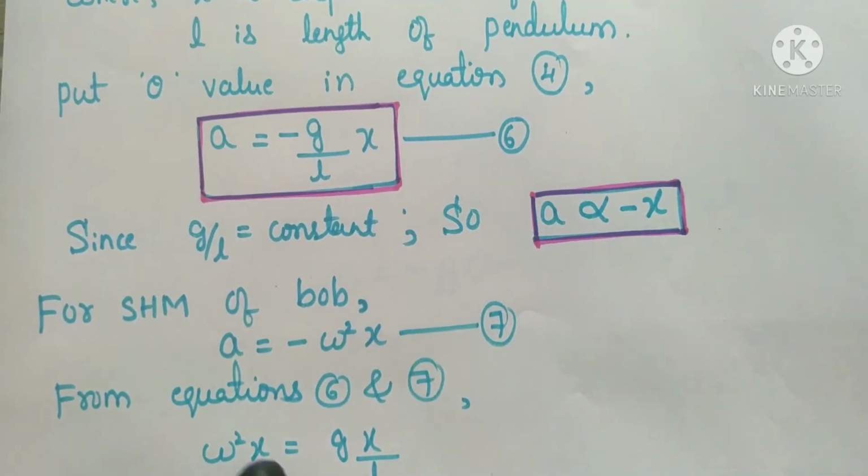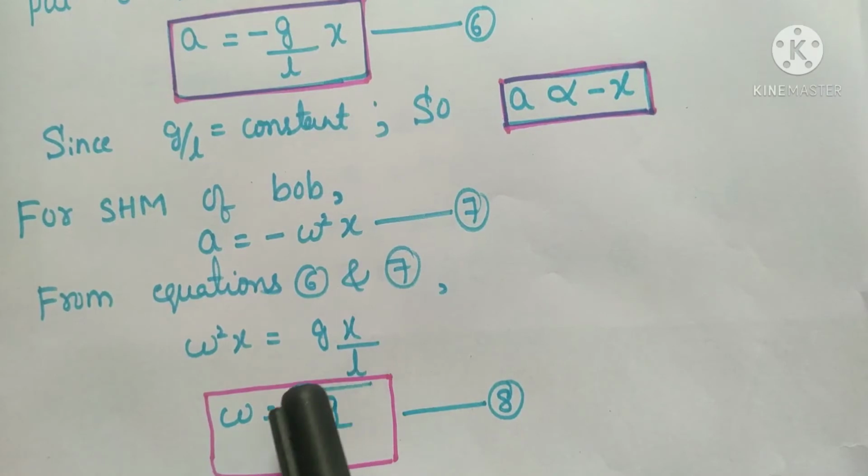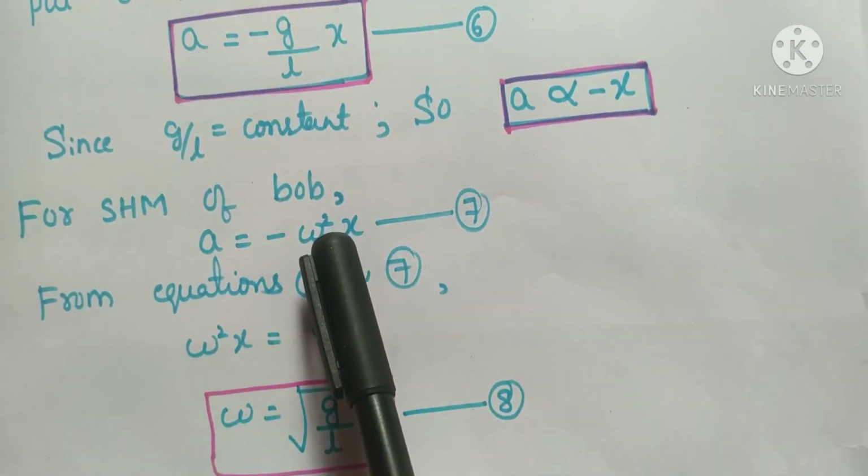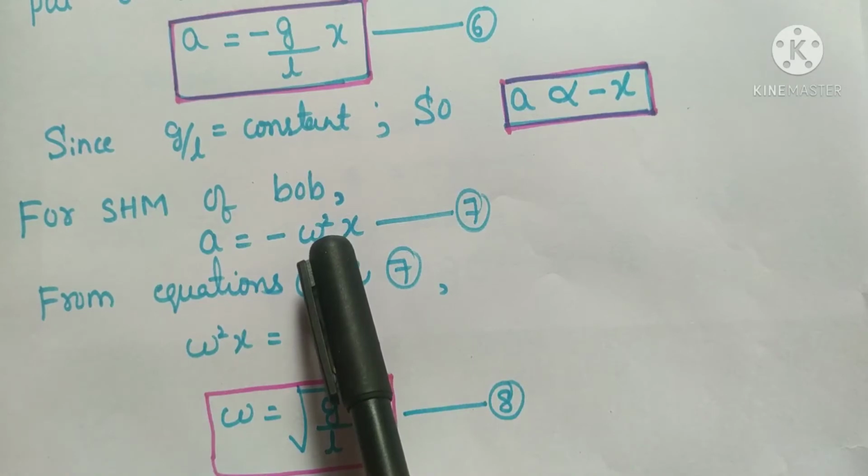So from equations 6 and 7 we can write omega square; on both sides the negative sign is there, so we can neglect the negative sign.